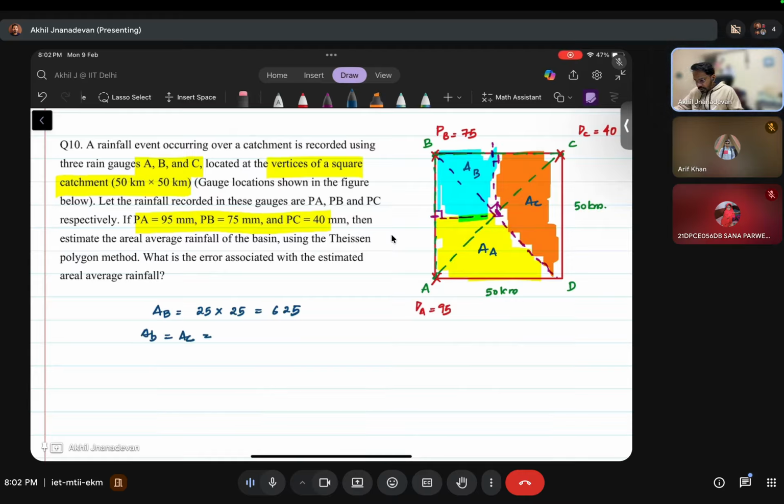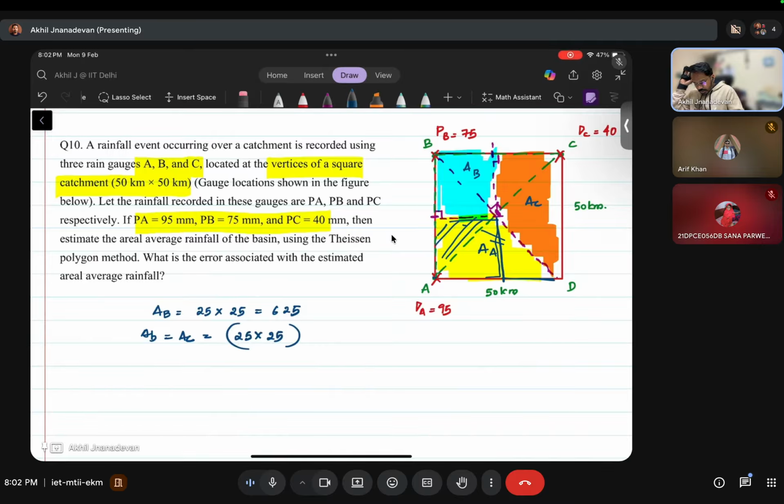We can divide it into a rectangle and a triangle. This particular rectangle is 25 by 25, and this particular triangle will give us the rest of the area.